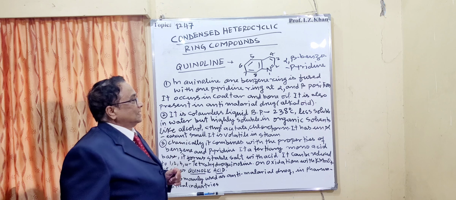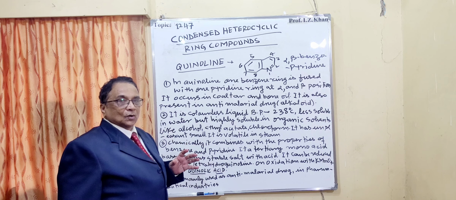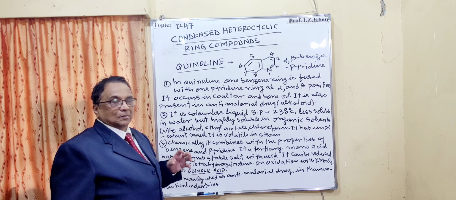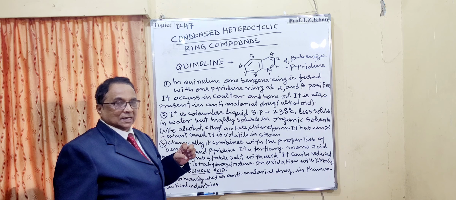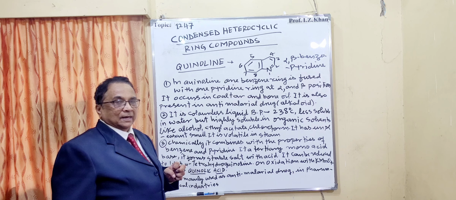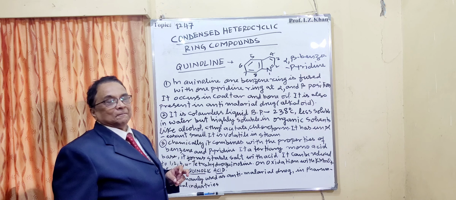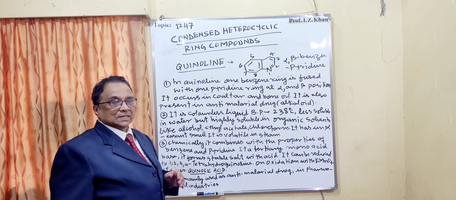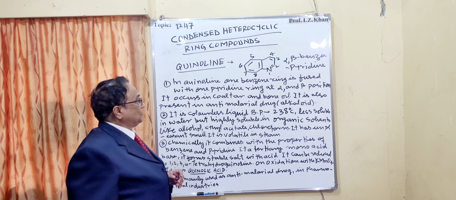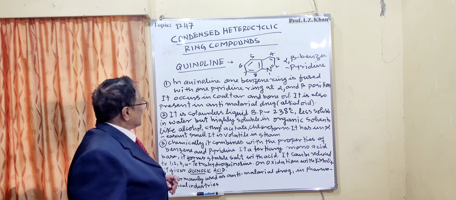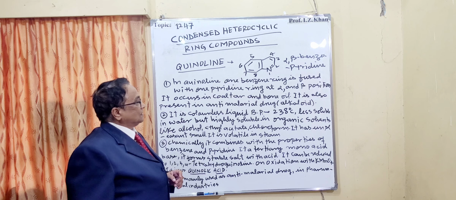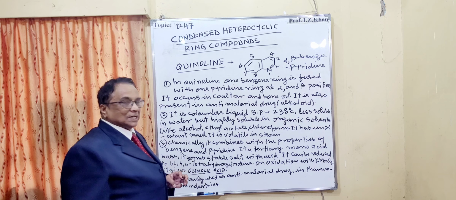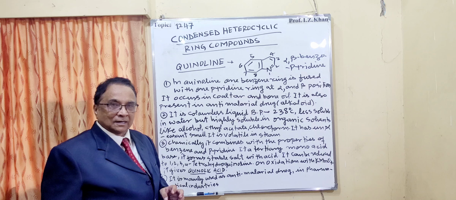It is also in bone marrow, and that is called bone oil, and it is part of our biological system also. It is also present in anti-malarial drugs, and it is a constituent of alkaloids, that are plant products.